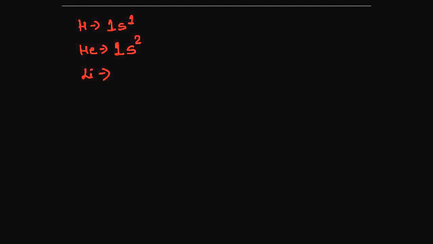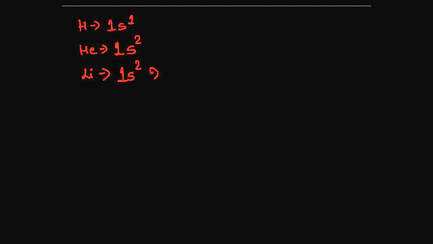As you remember, the first cell can only accommodate 2 electrons. So lithium has 3 electrons. This means now we will be shifting to the next cell. Hence, we'll write 1s2, and now we are shifting to the next cell.